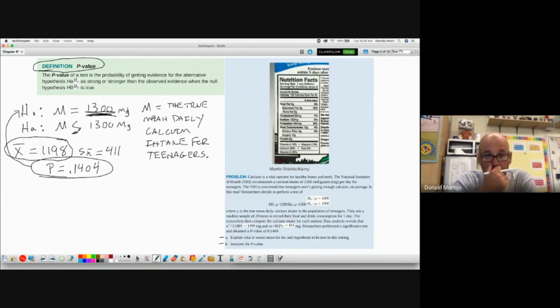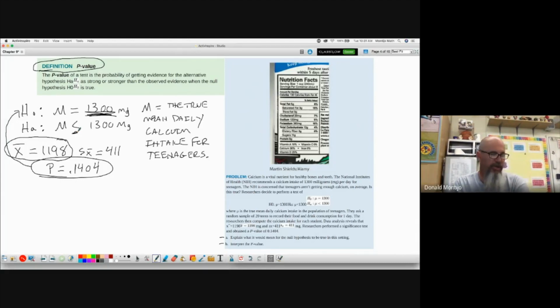Because if they truly were getting 1,300, the probability of getting a sample of 1198 or smaller would happen 14 out of every 100 samples. Therefore, I do not have enough evidence to reject the null. Okay. Now, we never can say we accept the null. We can just say that we fail to reject the null. We'll get into that more soon here.